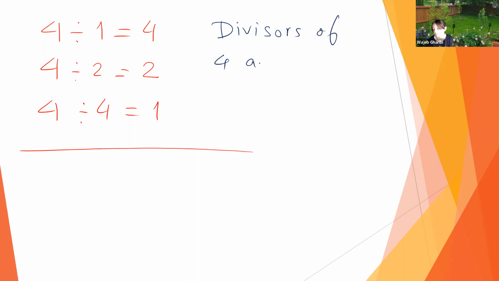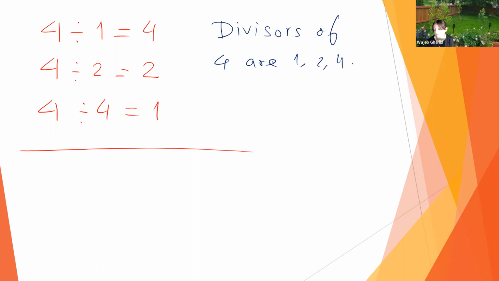In this method, we can find the factors of any number. Let me write it. Divisors of 4 are 1, 2, and 4, and they are the factors of 4.